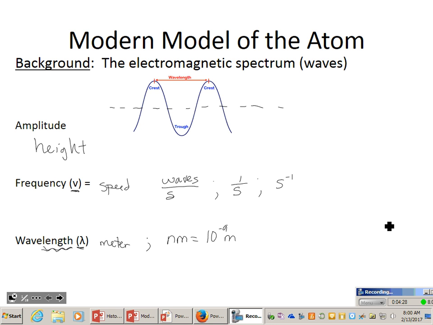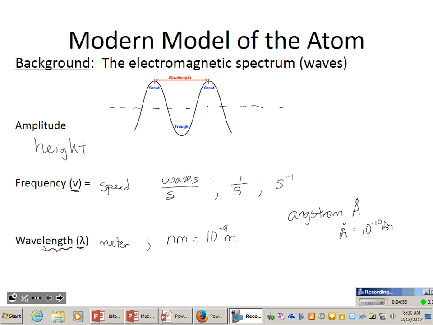Now tomorrow you're going to use a tool called a spectroscope, and that is going to measure the length in angstroms. The symbol that we use for angstrom is this A with a 0 over top of it. And 1 angstrom is 10 to the negative 10 meters.